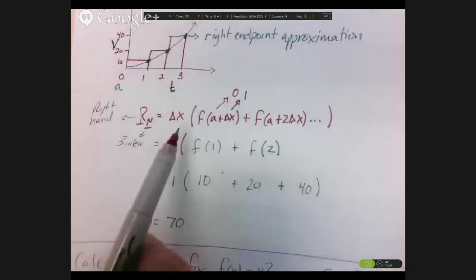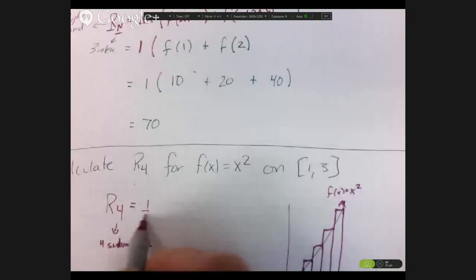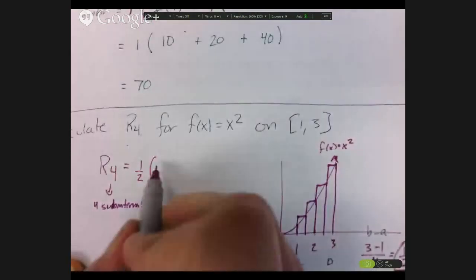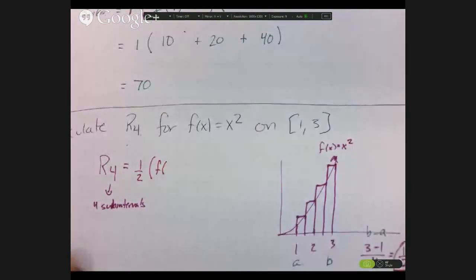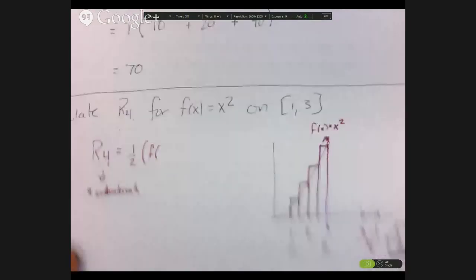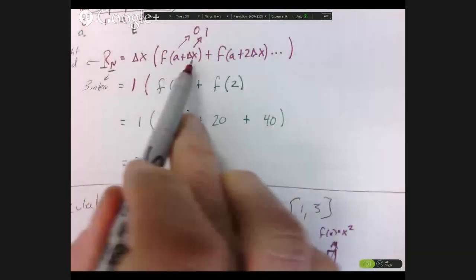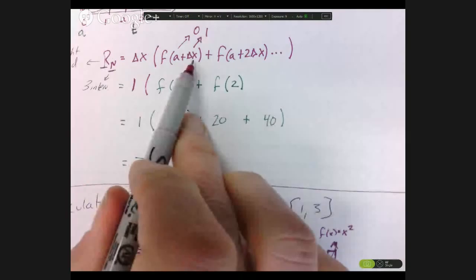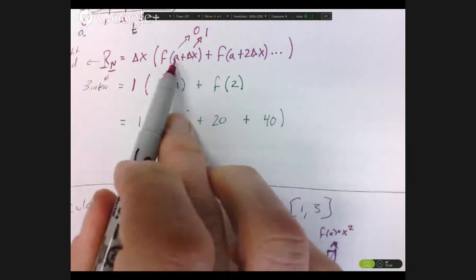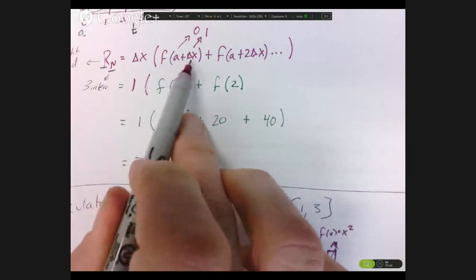So our formula is change in x, so that's 1/2, times f of a plus delta x. In our case, it's f of 1 plus 1/2.